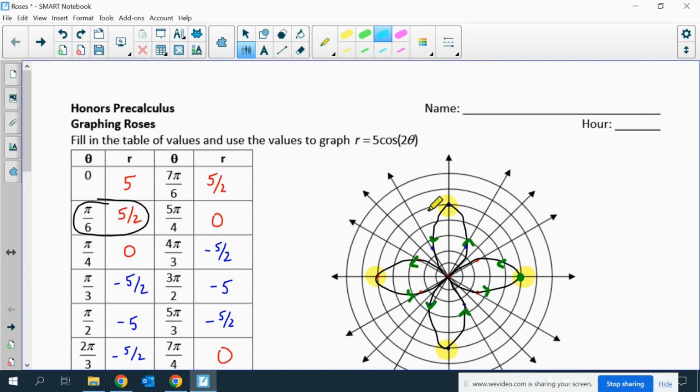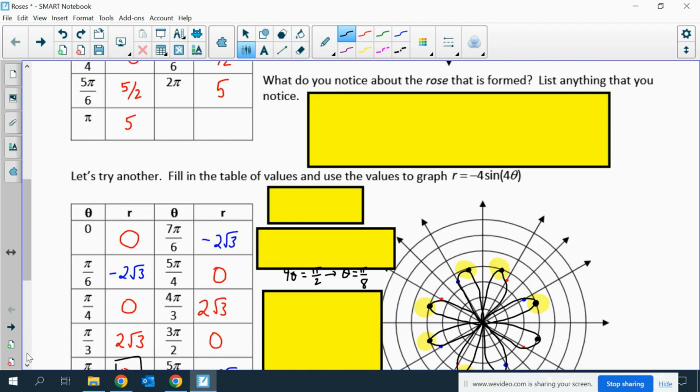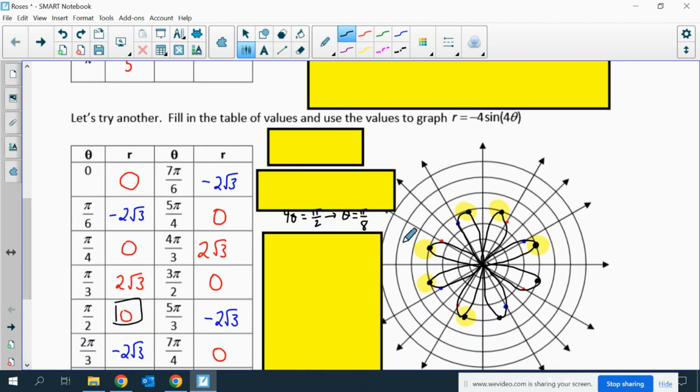So that's something that we may not have noticed before. But notice that the angle between each of these petals is 90 degrees, or pi over 2 in this case. The angle between these petals is 45 degrees, because notice there's 8 equally spaced petals, and if I have 8 equally spaced petals, that's 45 degrees between each one, or pi over 4.